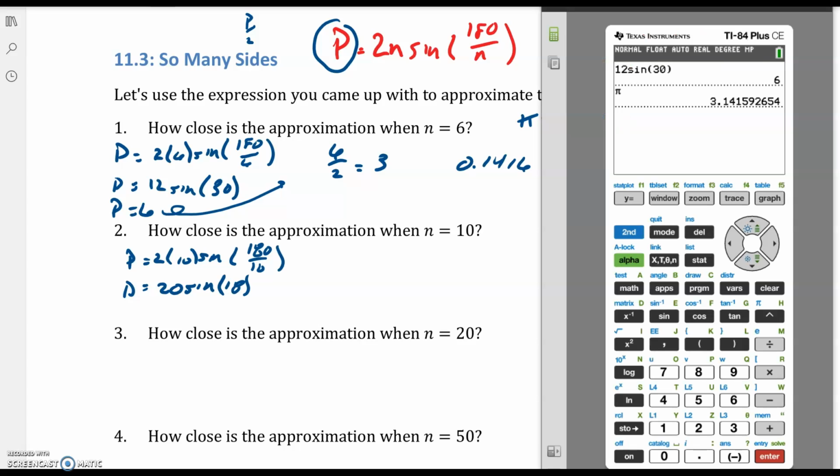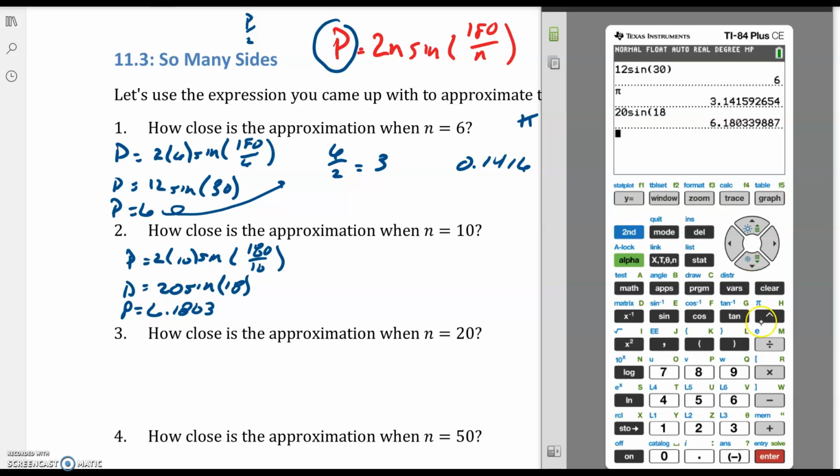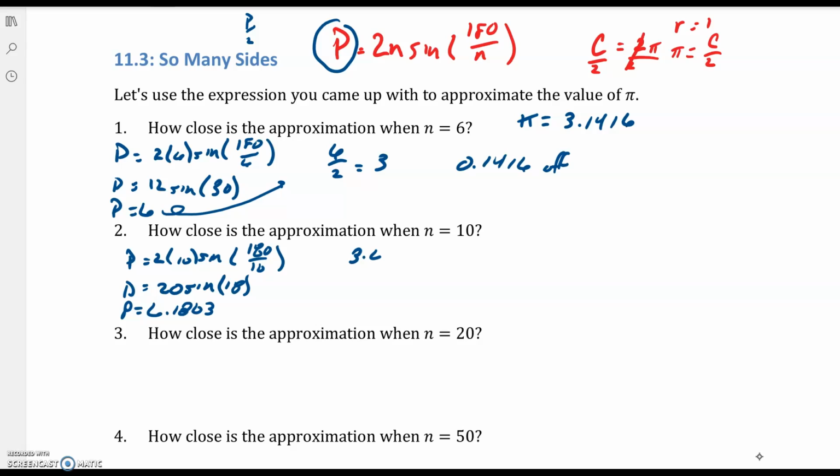Now I'm going to plug this into my calculator. 20 times the sine of 18, and it's 6.1803. If I divide this by 2, I get 3.0902.